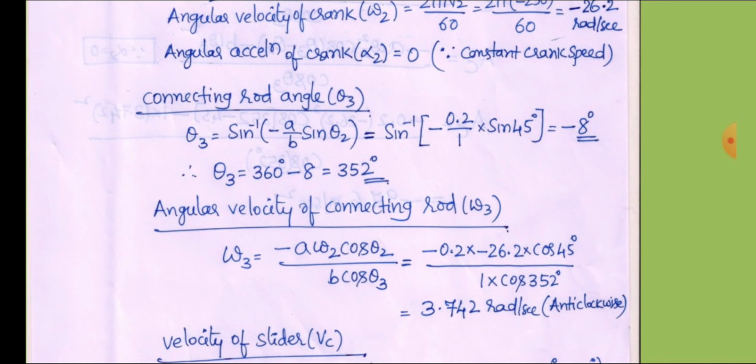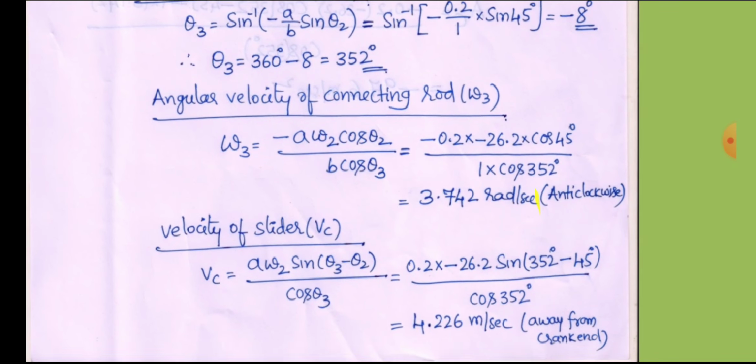I am going to get minus 8 degrees. But in the diagram, if you see, theta 3 is the anti-clockwise measurement. Therefore, after getting this value, one should not forget subtracting it from 360 degrees. Then only it becomes theta 3. If you look at the diagram, we will come to know. So theta 3 is equal to 360 minus 8, that is 352 degrees.